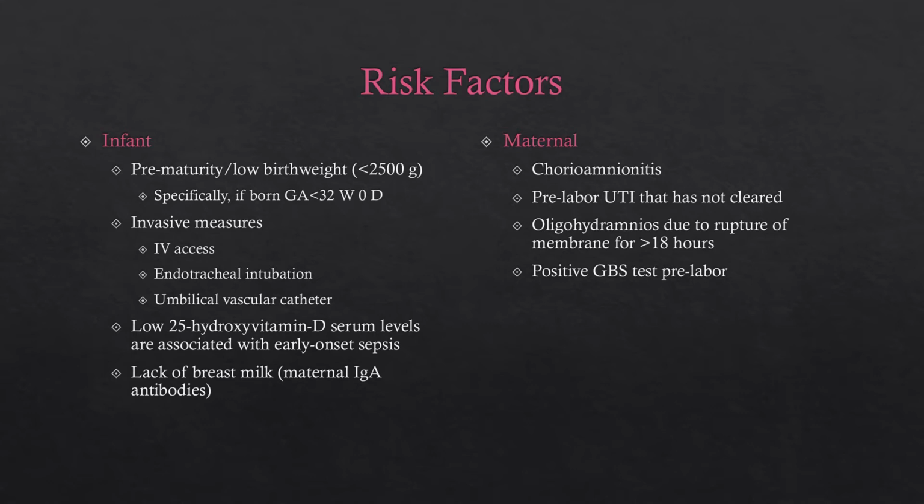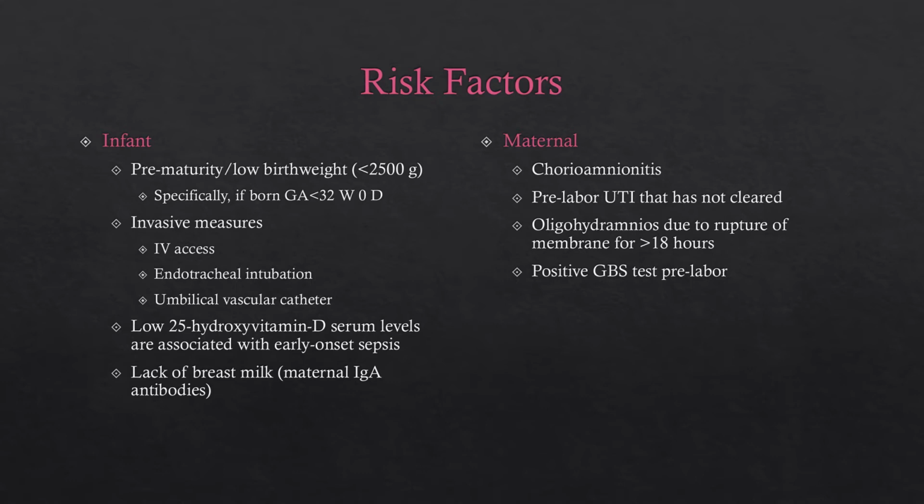chorioamnionitis, then this is the biggest maternal risk factor for sepsis. So if mom is showing any distress, any fever, high heart rate, high neutrophils or WBCs, and the fetus is showing a high heart rate, these are definitely warning signs of this happening and should be investigated further.